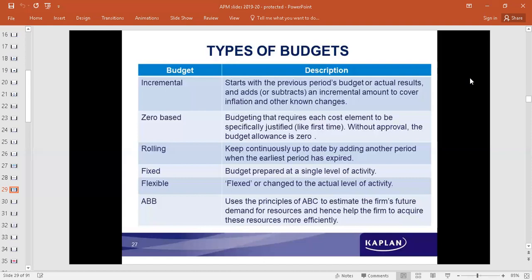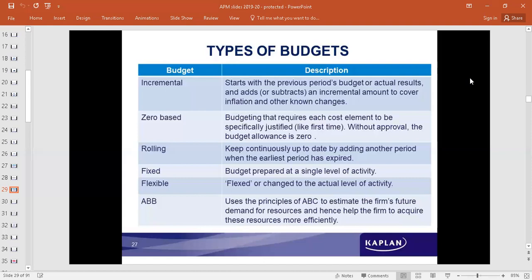performance indicators would have been best included into the budget, or based on the budget preparation, maybe we have to comment about the performance, whether the performance is up to the mark or not. Those kinds of questions are mostly asked. I am not denying that budget preparation will be included, but chances would be less.